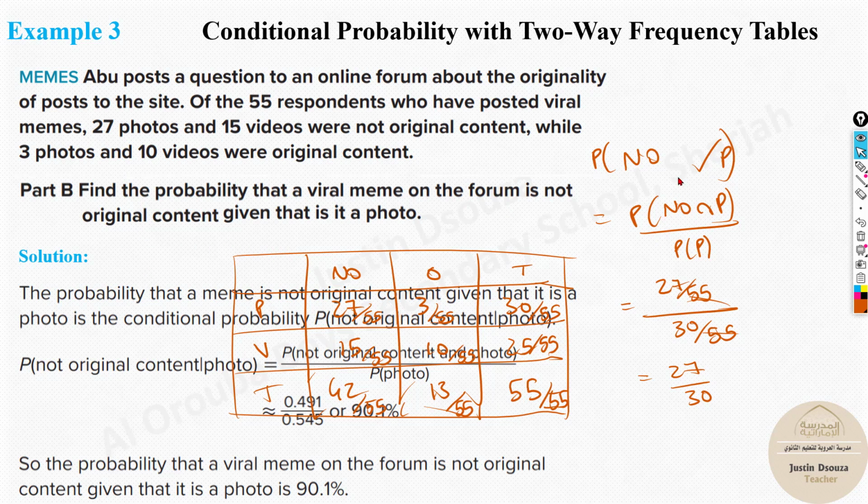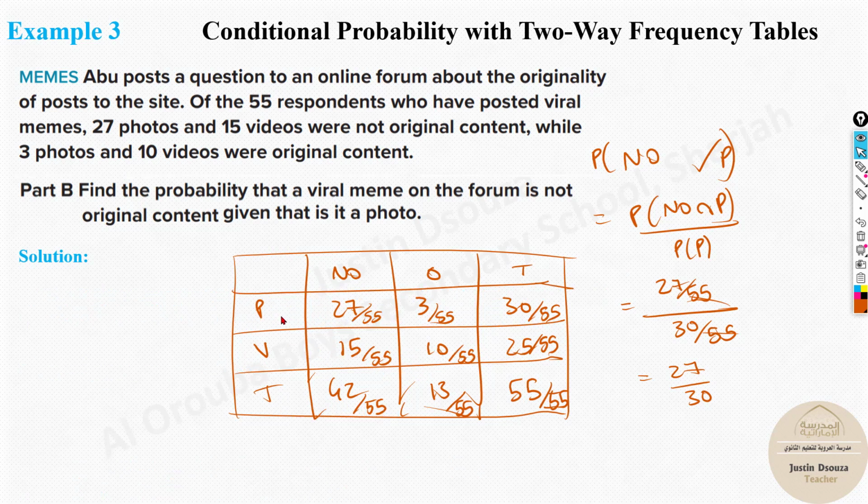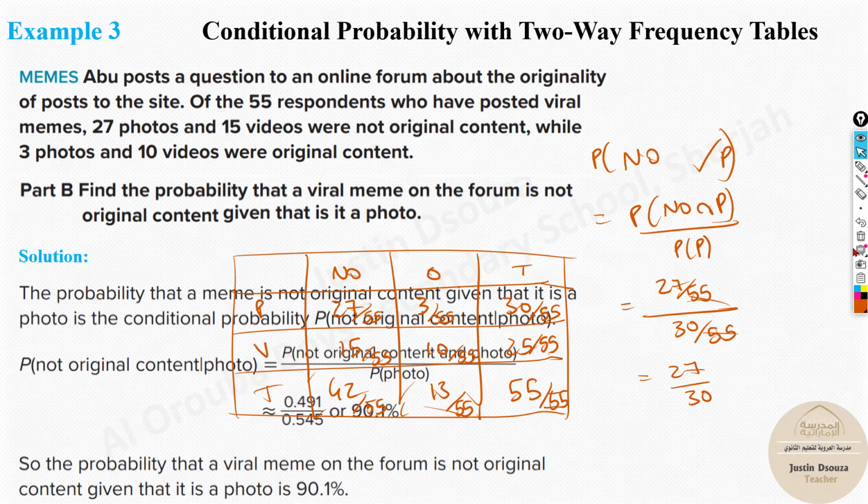The formula is always: the numerator is the intersection of both, that means and. Not original and photo. Over here in this table, we know not original and photo is 27/55. Divided by the probability it's a photo, that means the total number of photos is 30/55. When you solve this up, you'll get 90%. That would be the answer.